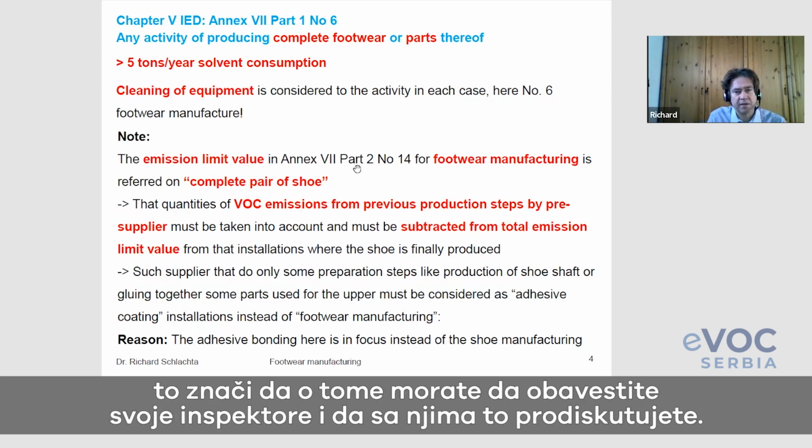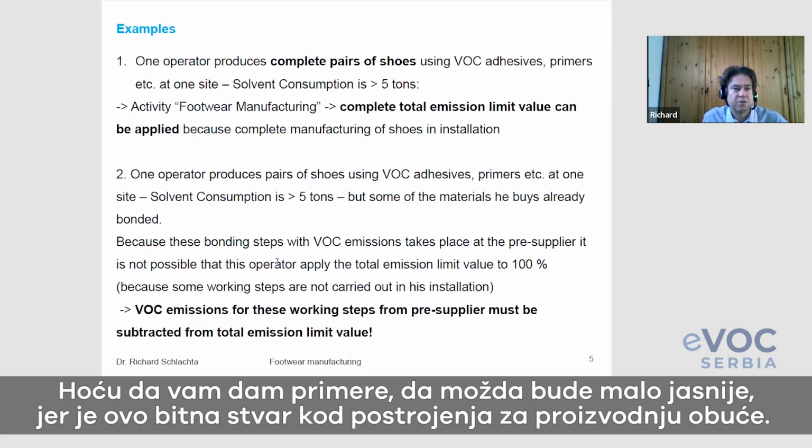So that can be a little bit complicated, and it's important that you then inform your inspectors and discuss with them. I want to give you some examples to make it maybe more clear, because that's a very crucial point for the footwear manufacturing installations.